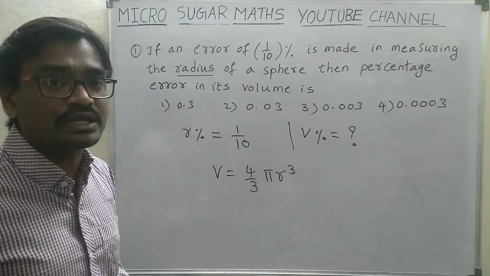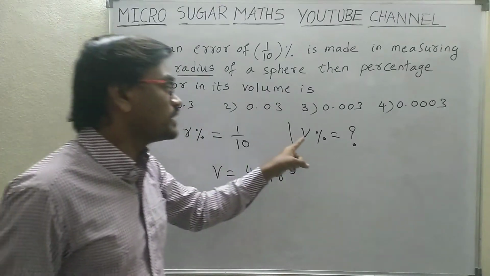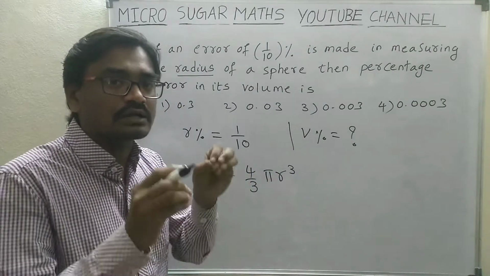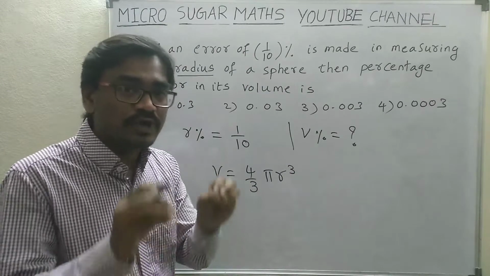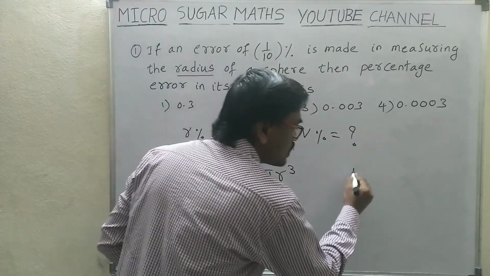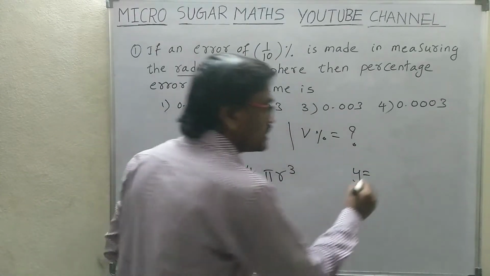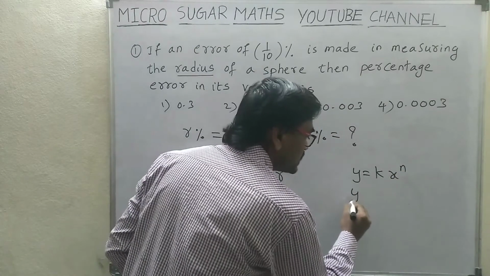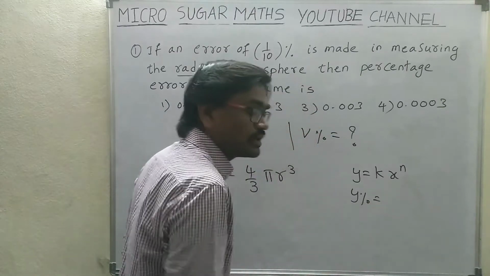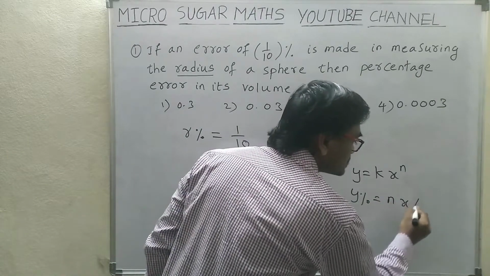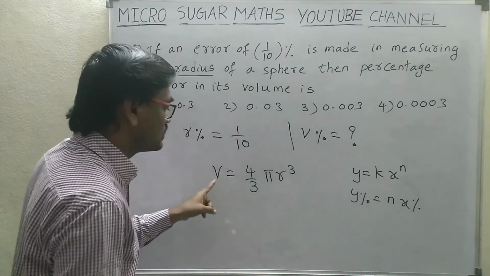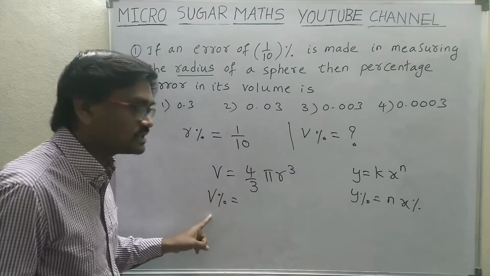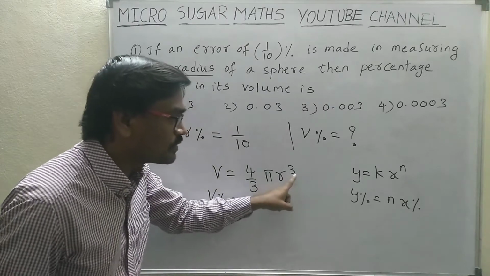Now students, when you want to find the percentage error in the volume of the sphere, we have a formula. What is your formula? y is equal to k into x power n. Then your y percentage is equal to n into x percentage. That means our required volume percentage v is equal to, what is the power of r?